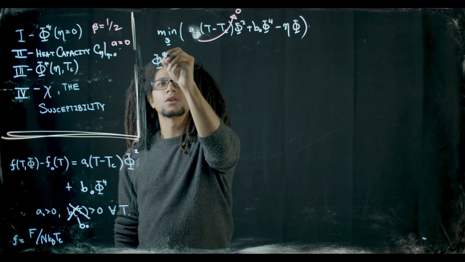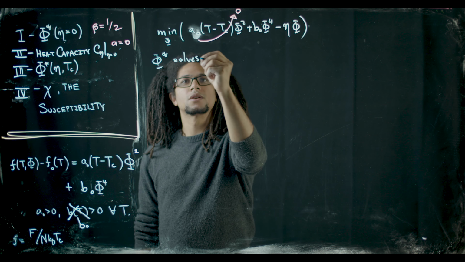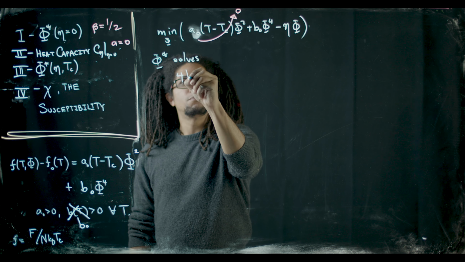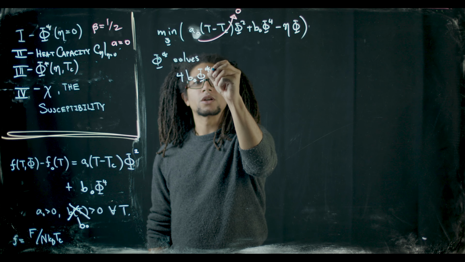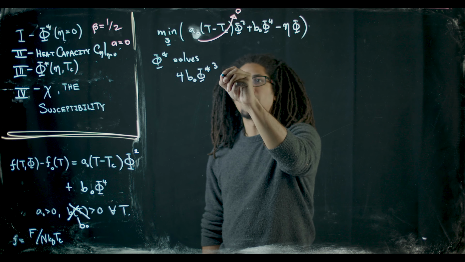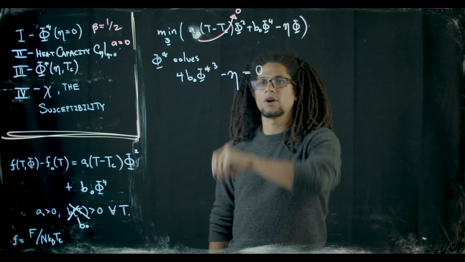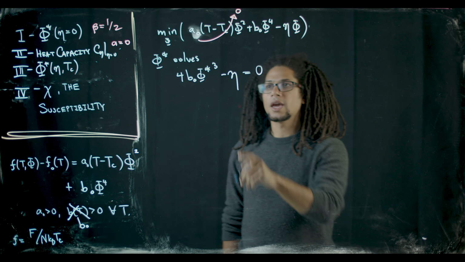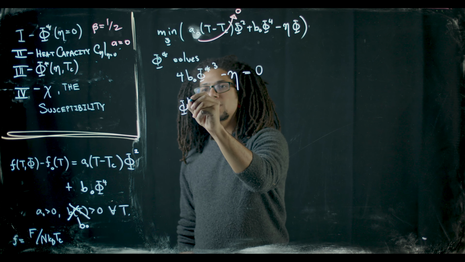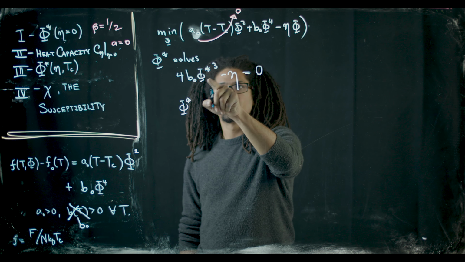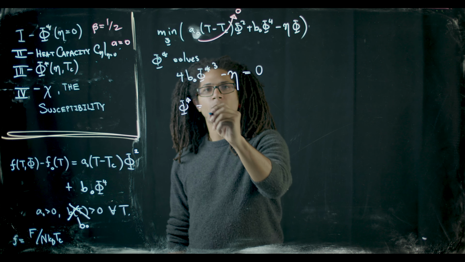Okay, so now we can do the minimization problem to solve for phi star. So phi star solves for b_0 phi star cubed minus eta is equal to 0. And in this case, we just have one triple solution for phi star, where phi star is equal to (eta over 4b_0) to the 1/3.